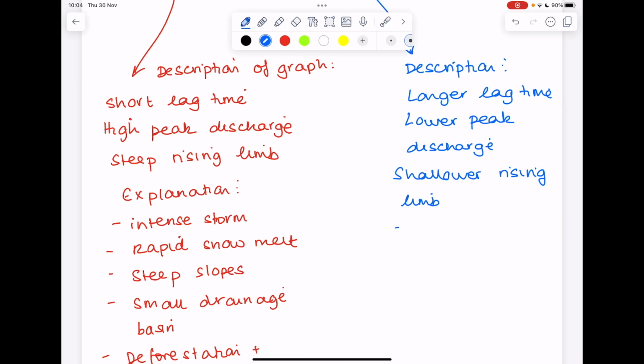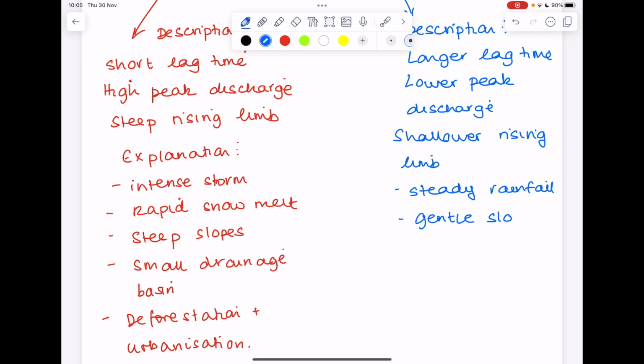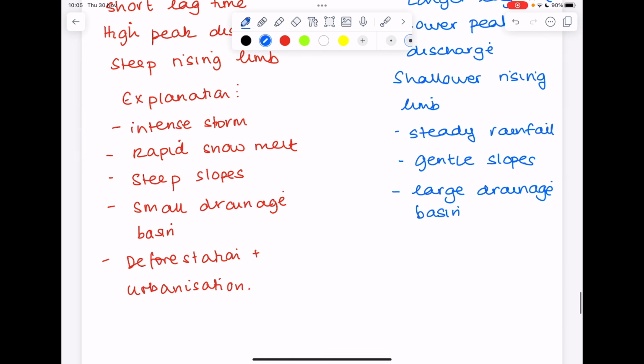So rather than an intense storm, we would talk about steady rainfall, gentle slopes, large drainage basins, lots of vegetation. Because remember that vegetation will intercept that rainfall and delay that water reaching the rivers.